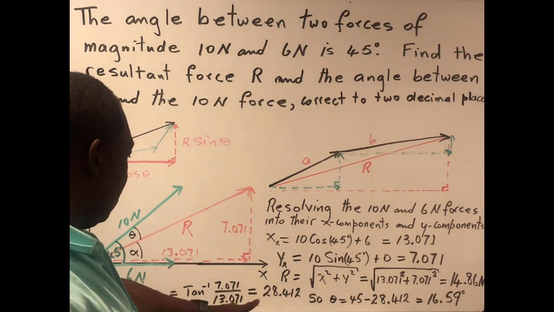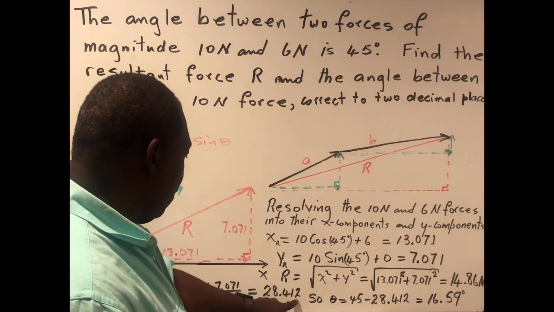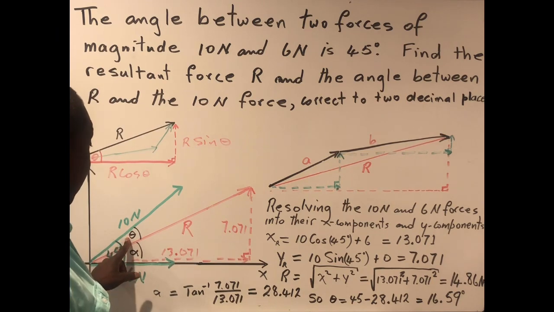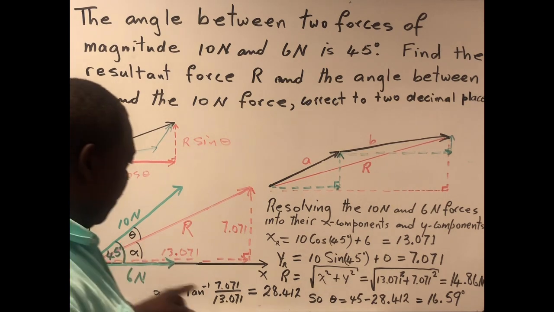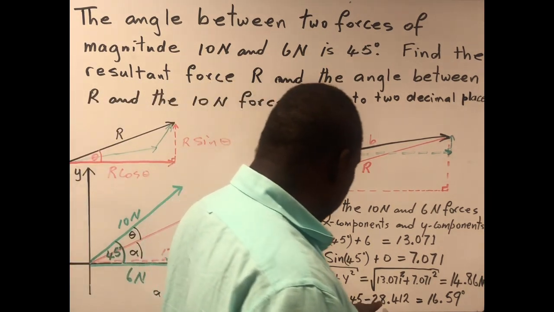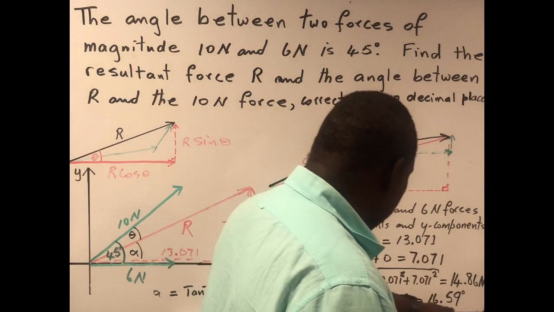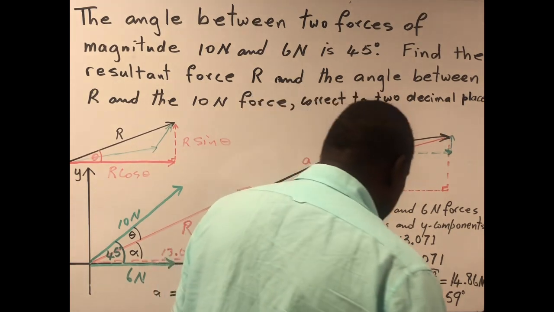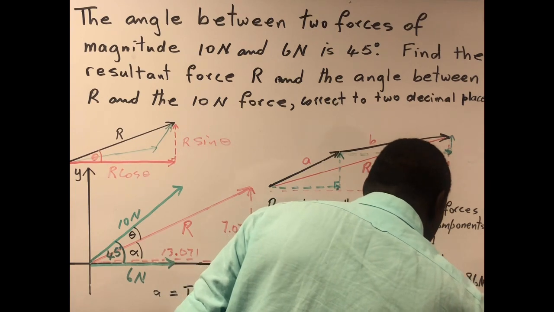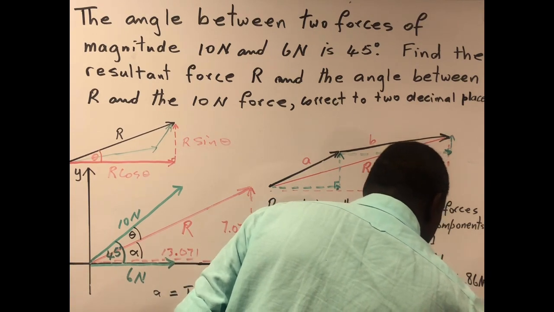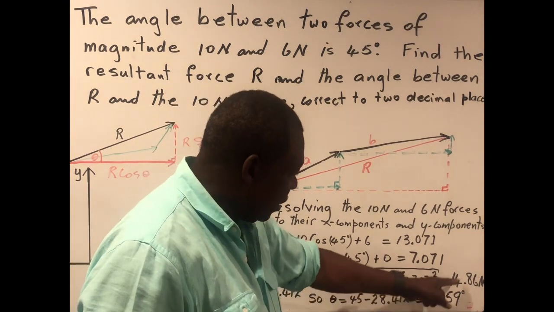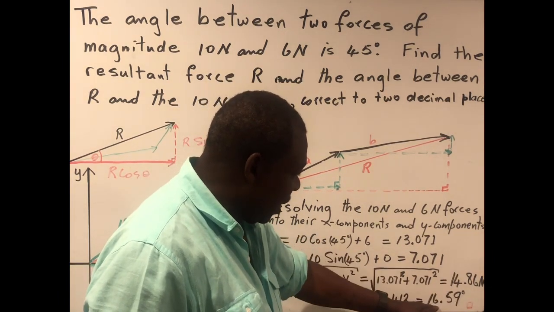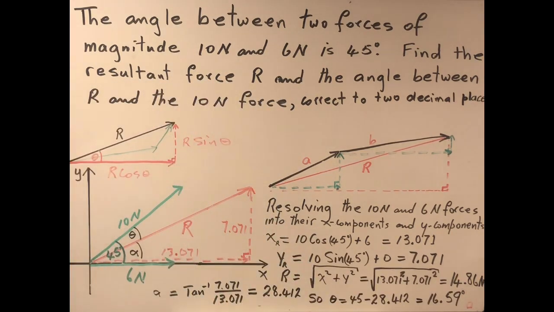And so alpha comes out to be 28.412, but we are interested in finding theta. And so we subtract alpha from 45 degrees to get the value of theta. So 45 subtract 28.412 gives us, to two decimal places, 16.59. And here we come to the end of the problem, obtaining the same two answers that we got in the free floating system of vectors.